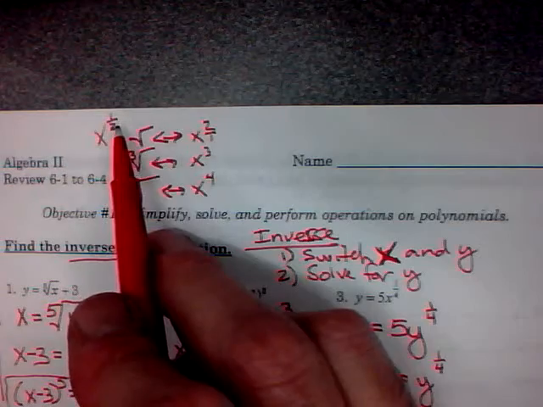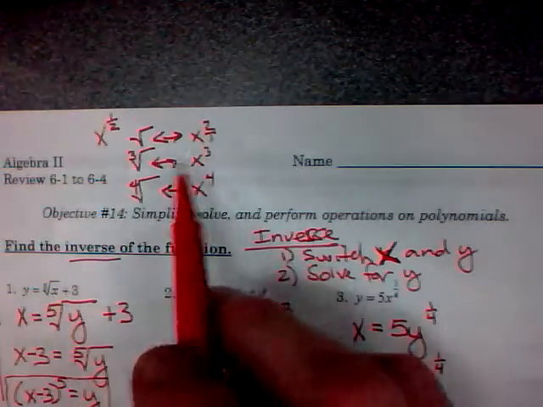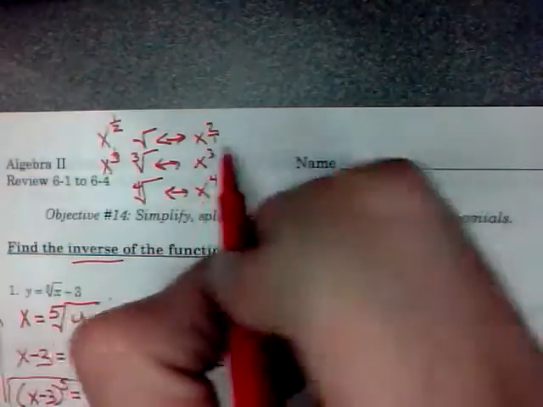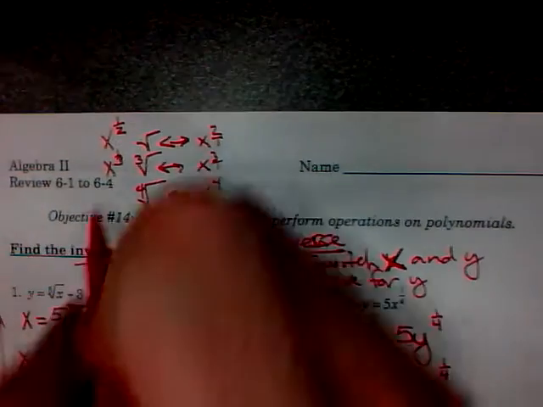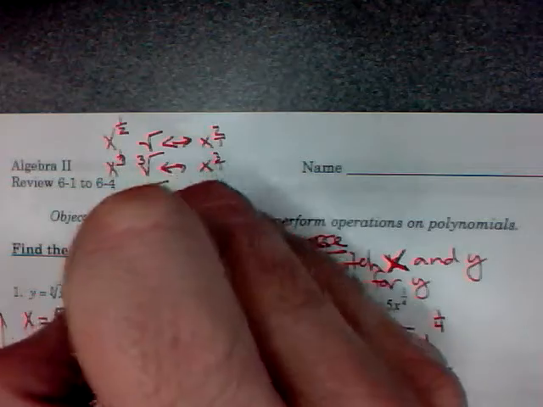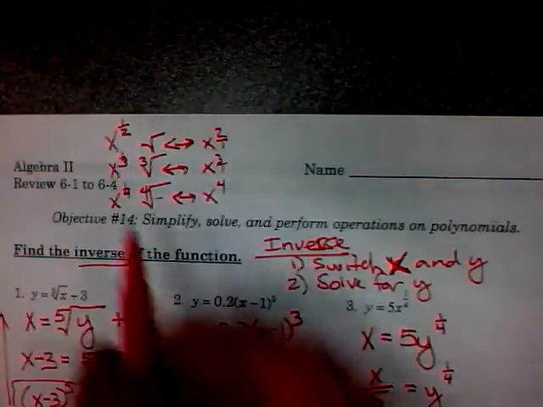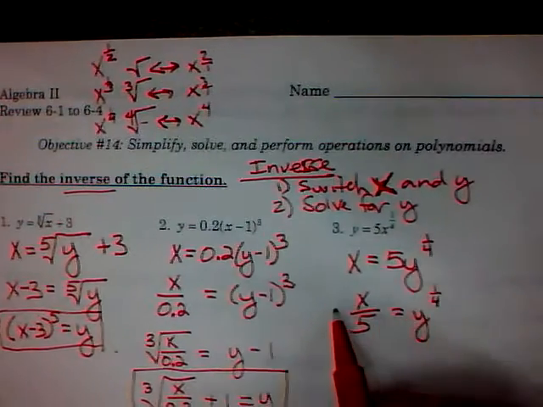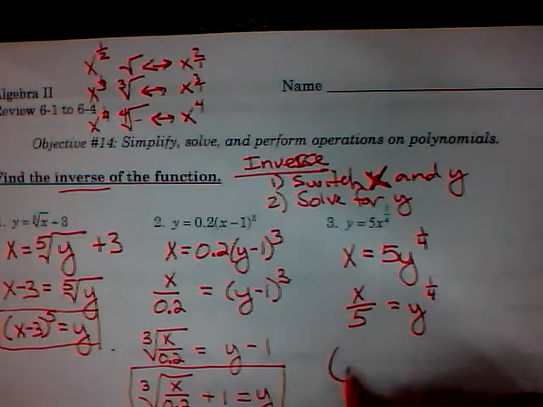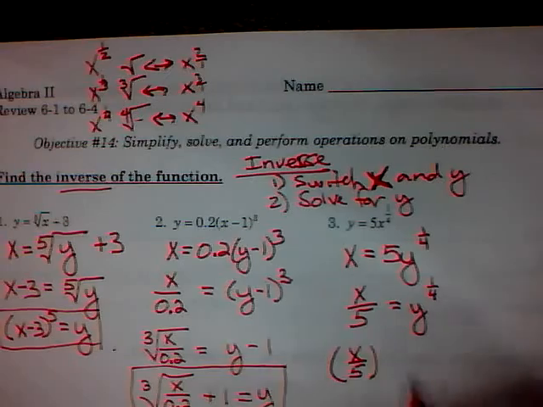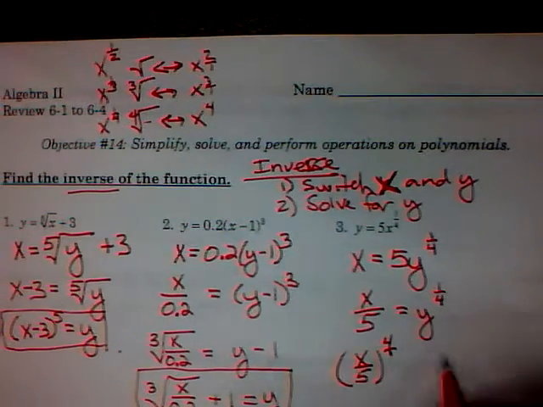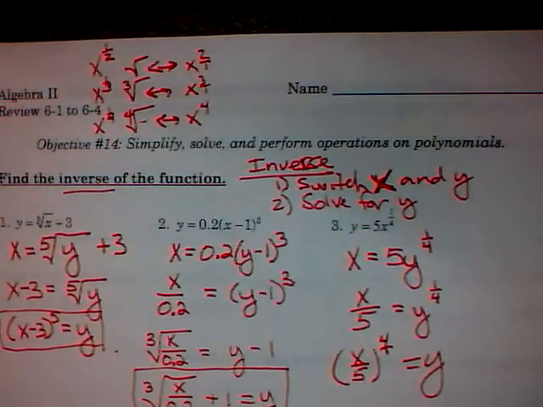So to bring the 1/2 power, you just flip it. Remember, the cubed root is actually x to the 1/3, so this would be 3 over 1. The fourth root would be like x to the 1/4, so that's x to the 4th. So to bring this power to the other side, you do the reciprocal power. So that's x over 5 to the 4th power, or you can think of that as 4 over 1. You really don't need to write the 1.